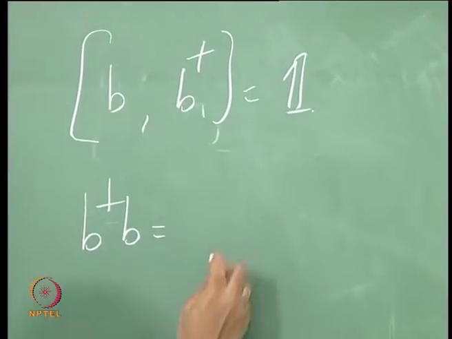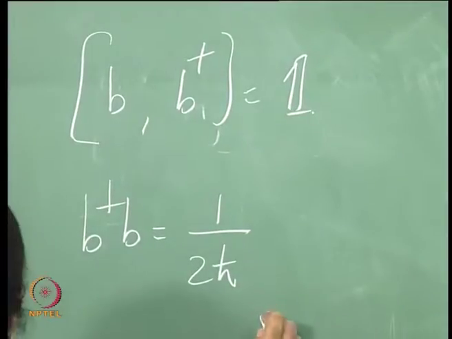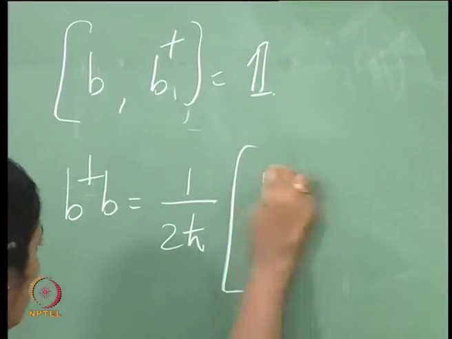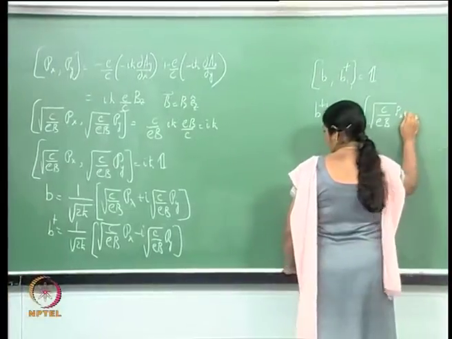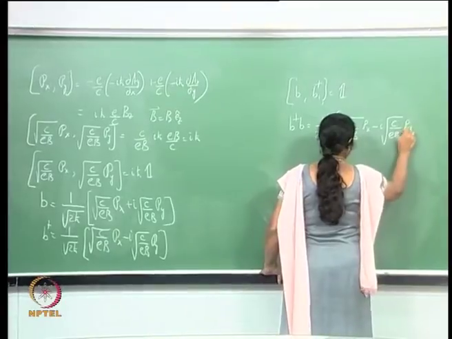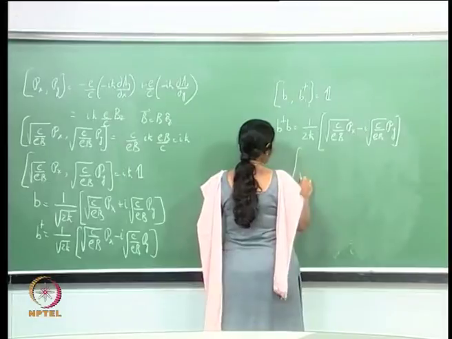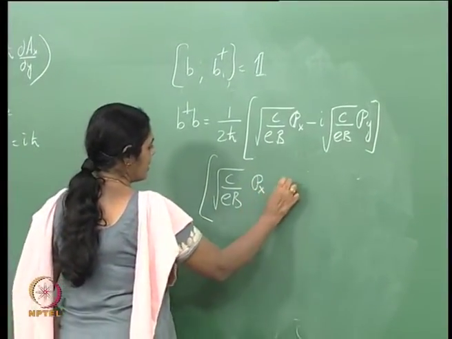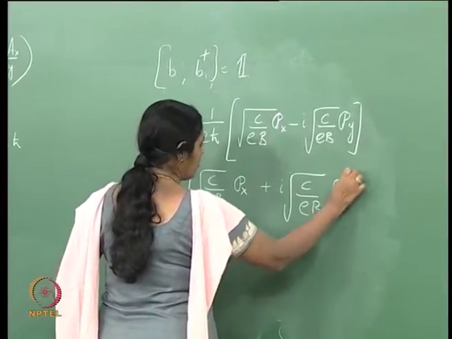So, if I expand B dagger B, it is 1 by 2ħ, root of C by EB Px minus I root of C by EB Py, these are all capital P's, times root of C by EB Px plus I root of C by EB Py.